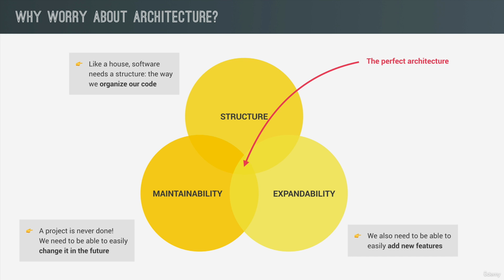Now, in order to achieve that perfect architecture, we can of course create our own architecture from scratch. And that's exactly what we did in the Mapty project. However, that only works with a really small project like that one. But when the project grows more complex, then it's going to be very hard to achieve a good architecture completely on our own.